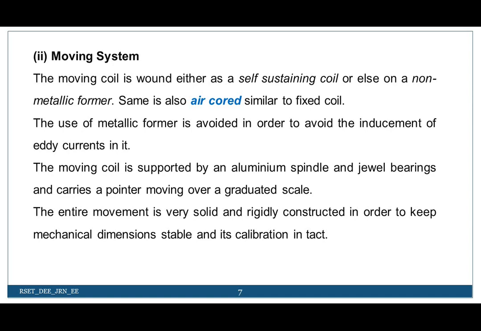The moving coil is supported by an aluminum spindle and jewel bearings and carries a pointer moving over a graduated scale. The entire arrangement is very solid and rigidly constructed in order to keep the mechanical dimensions stable and its calibration intact.